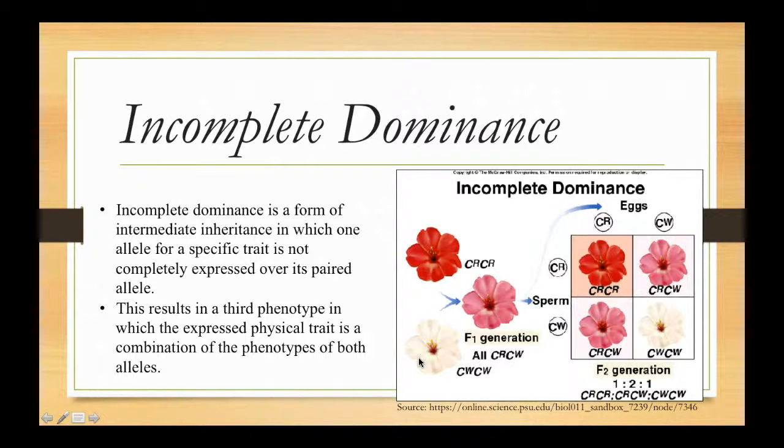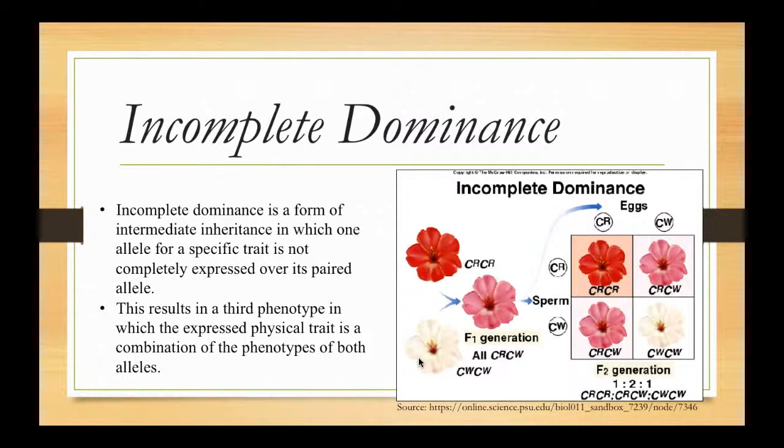So incomplete dominance might sound similar to codominance, but it is definitely different, because in codominance, an additional phenotype is produced just like in incomplete dominance. So both of these patterns make a third phenotype.